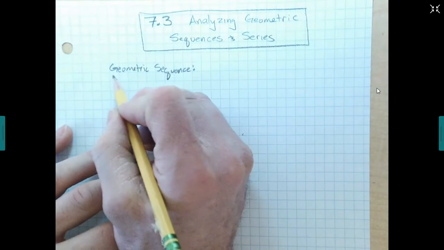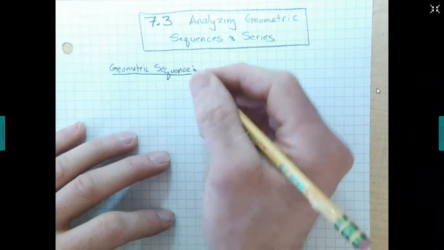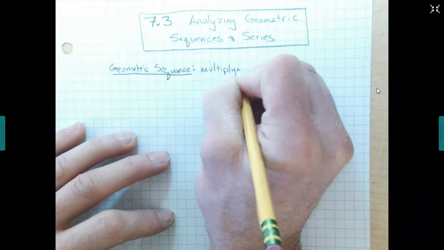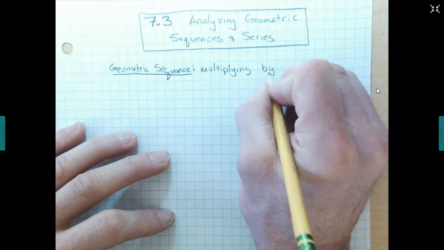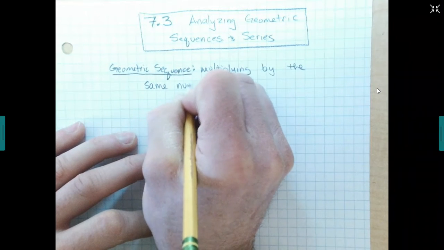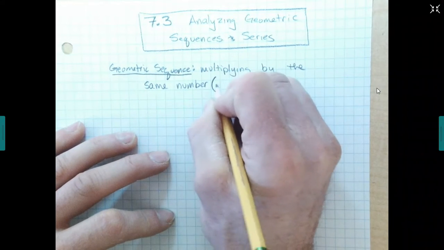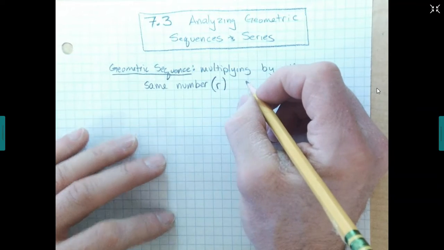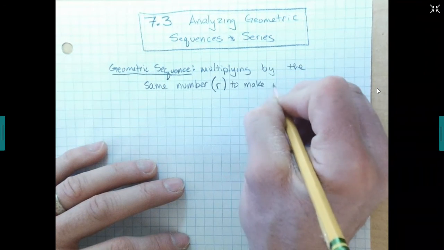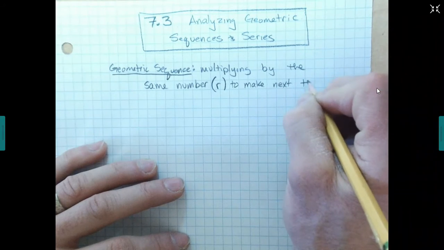First, let's define geometric sequence. A geometric sequence is multiplying by the same number. We're going to call that number R. Multiplying by the same number to make the next term.